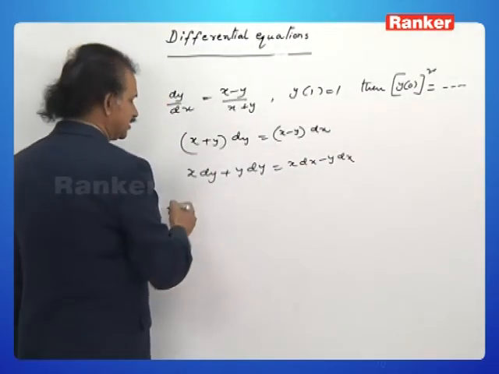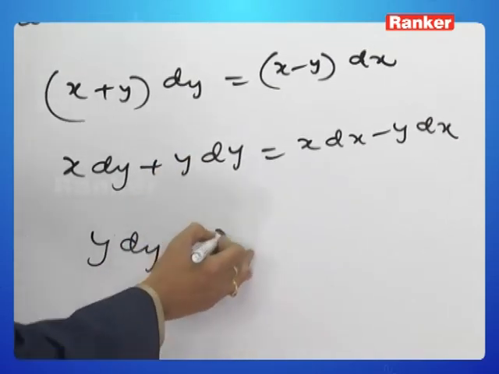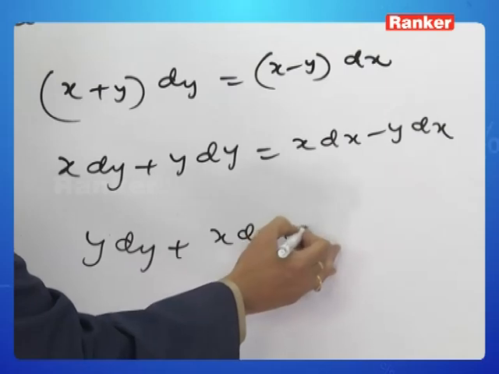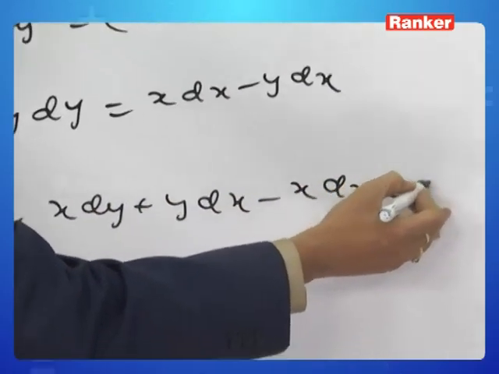You bring all the things to one side, we have y dy plus x dy plus y dx minus x dx is equal to 0, correct?